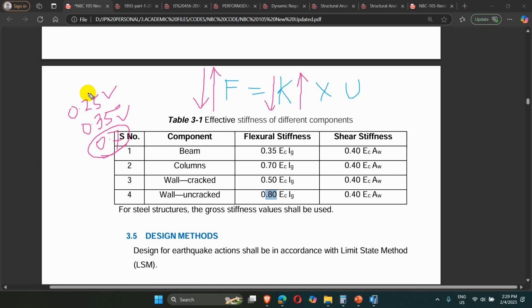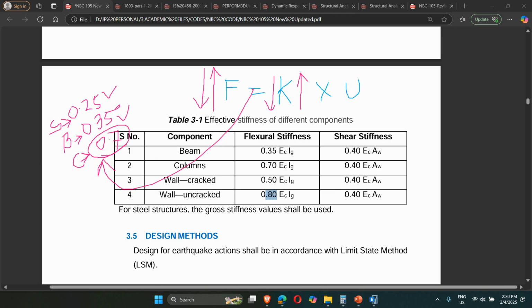Some moment can be transferred from the less stiff member to the stiffer member. In this case, this one is slab, this one is beam, and this one is column. So some moment can be transferred from slab to beam and beam to column because the stiffer member attracts more force.